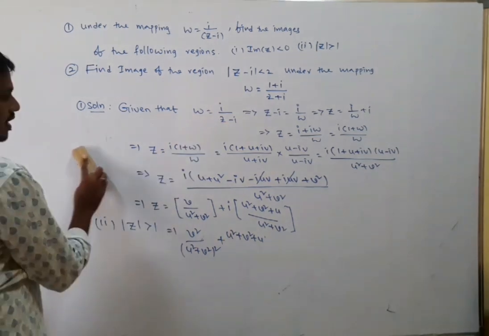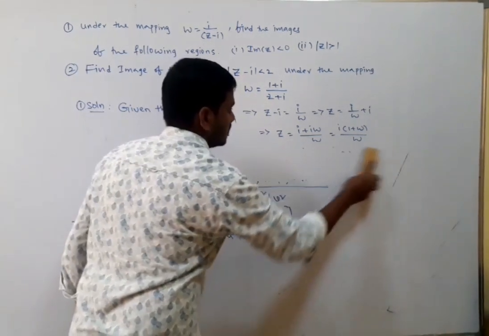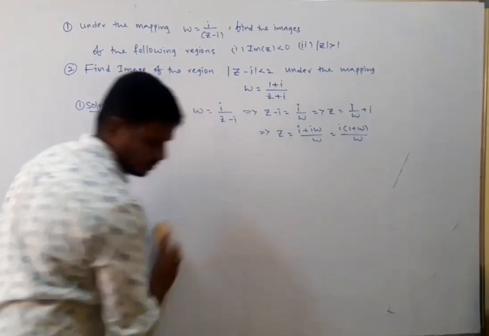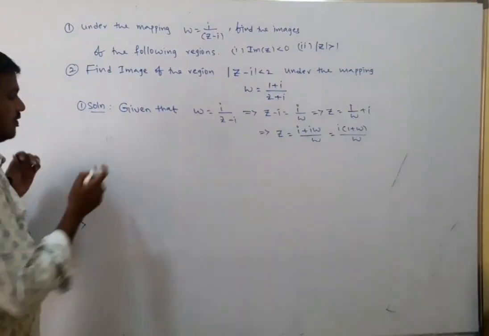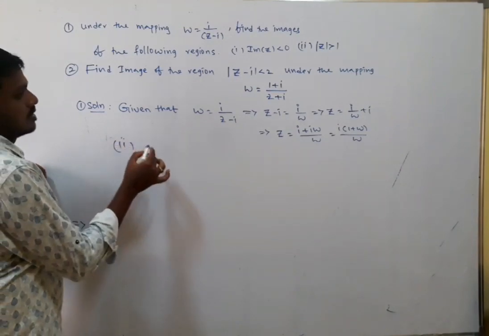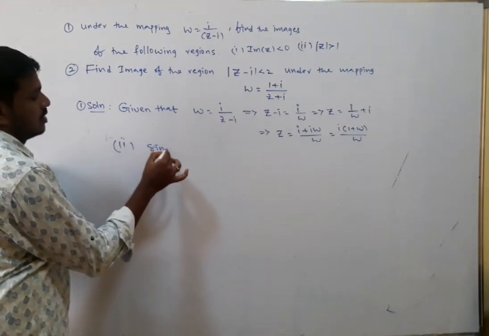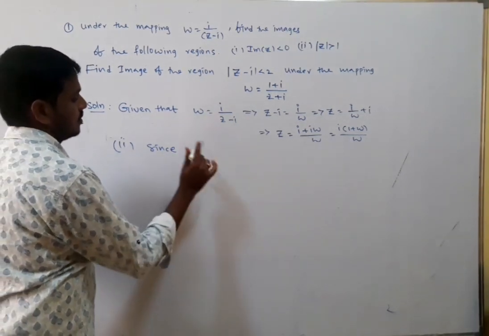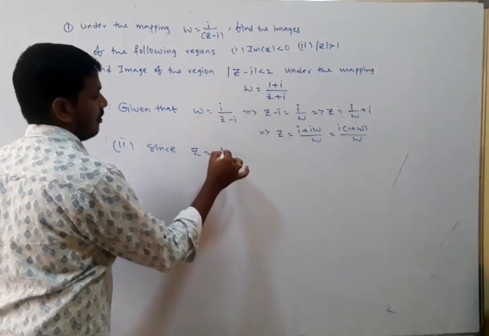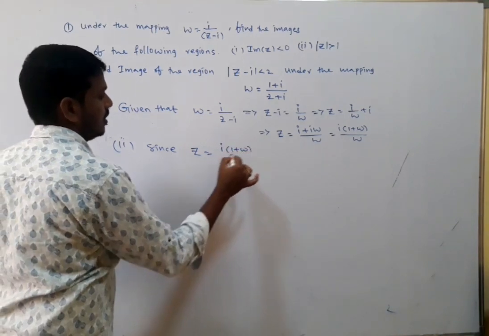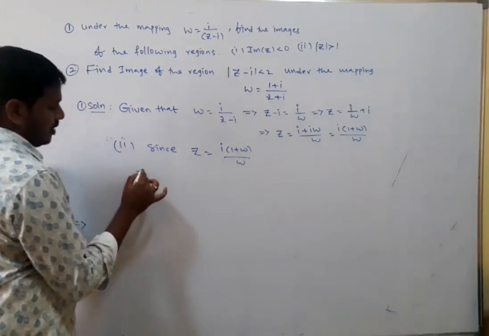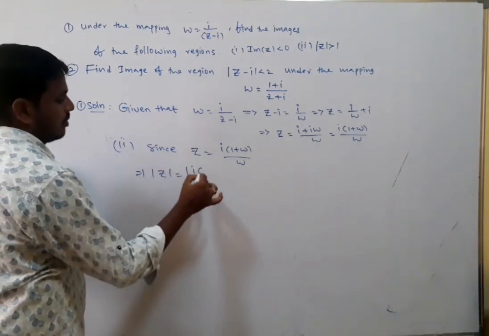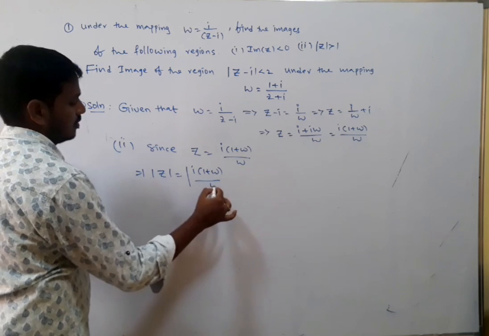We have z equal to i into 1 plus w divided by w. Since mod z is greater than 1, that implies mod z is equal to modulus of i into 1 plus w divided by w.